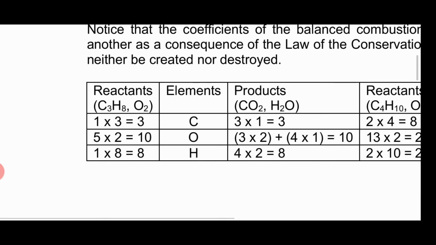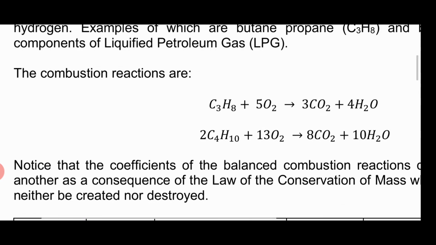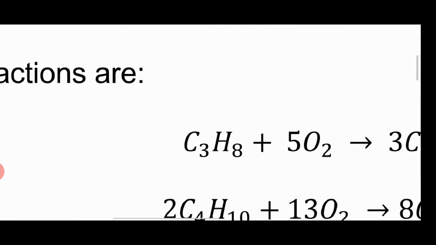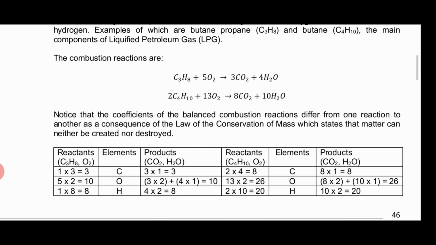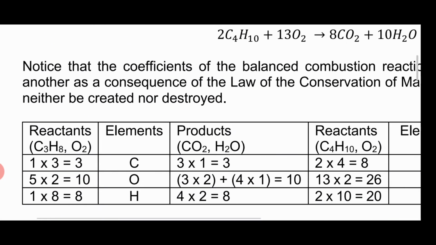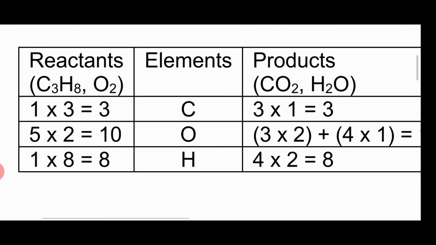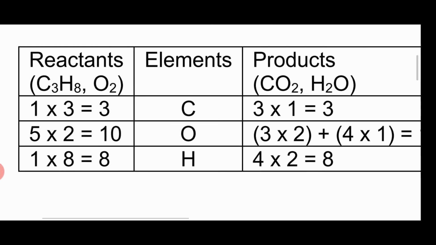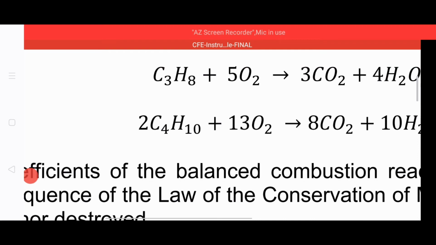You see 1 times 3 coming from the C3. For oxygen, we have 5 times 2 because we have 5 O2.